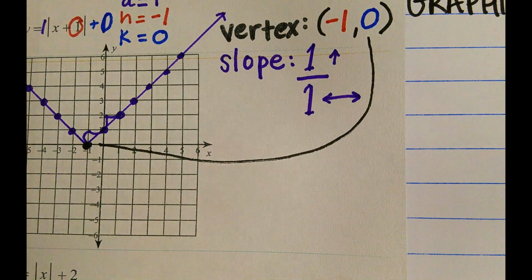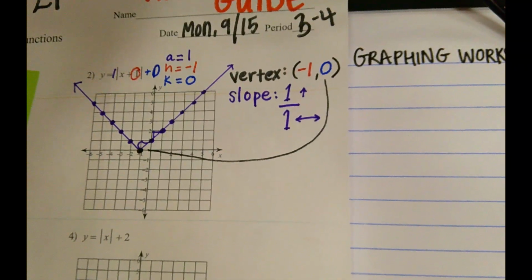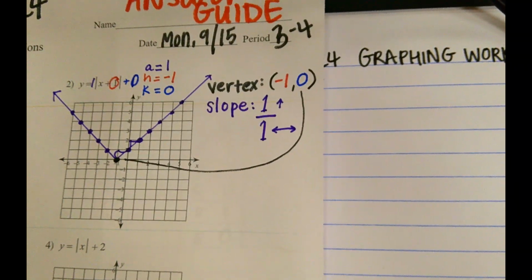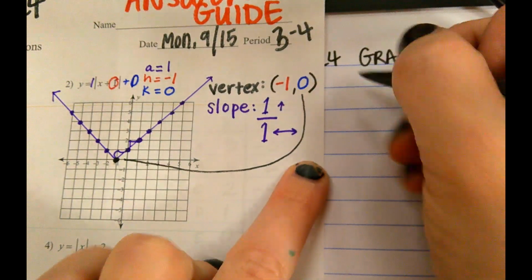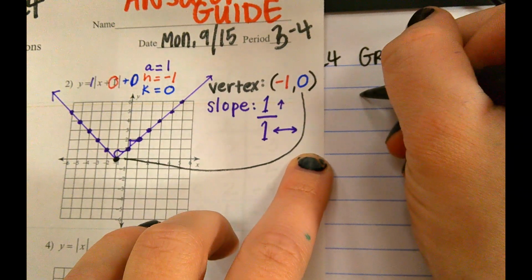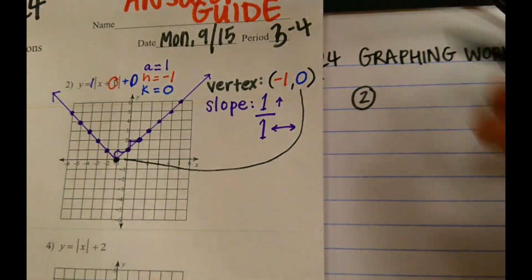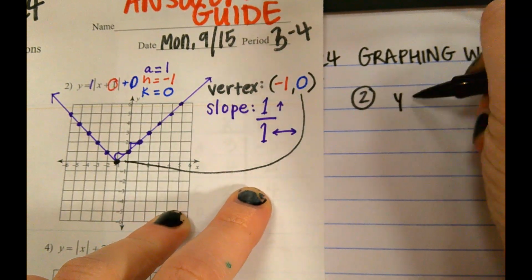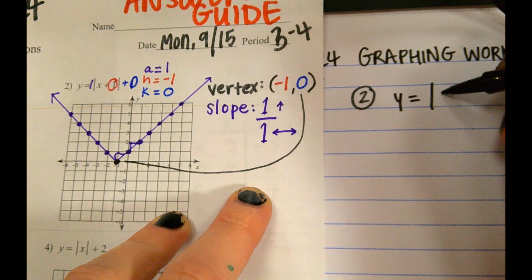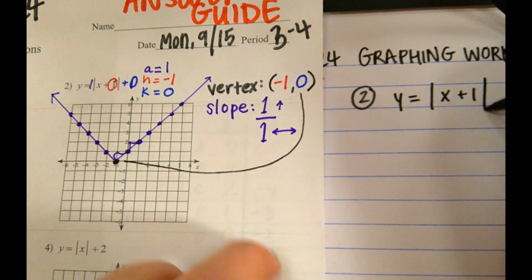Let's also make our XY chart. So over here, I will write number 2. That was y equals absolute value of x plus 1.